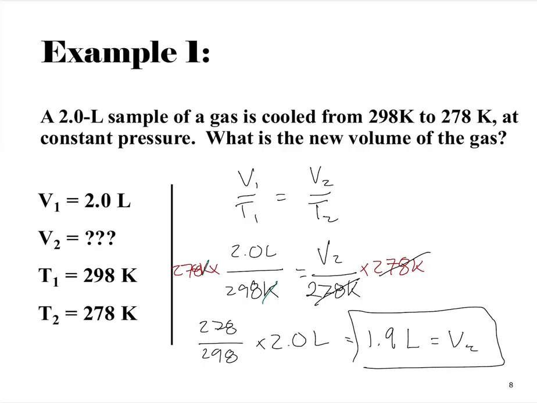Does this make intuitive sense? Does 1.9 liters make sense here? Why does it make sense? It's less than our initial volume, 2 liters, which is what we expected. We expected that as the temperature goes down, the volume should go down. That's our intuitive understanding of what's going on here.